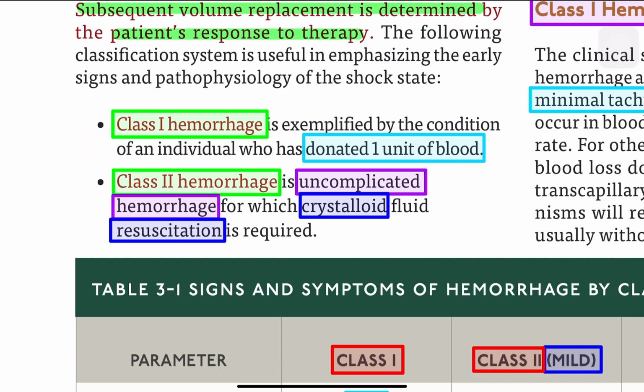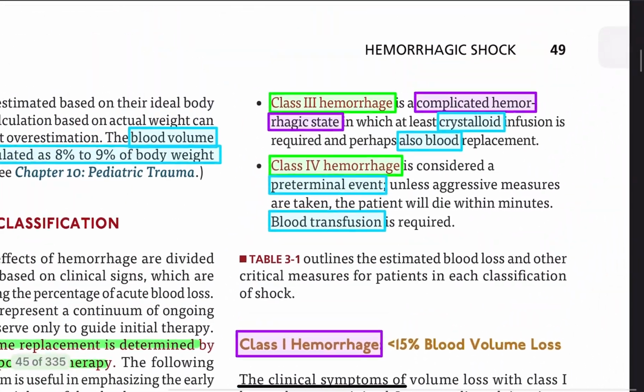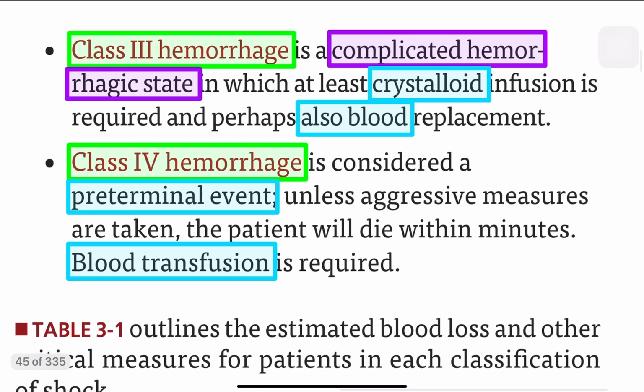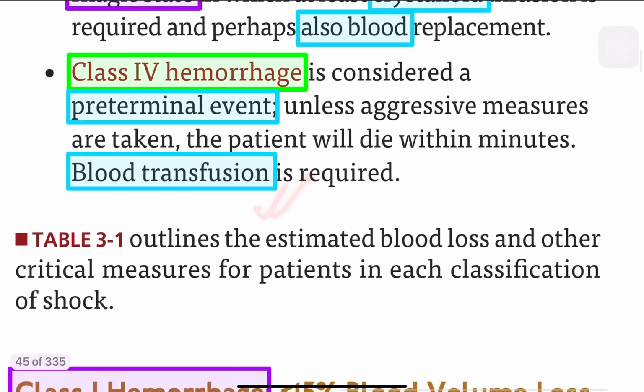Class 2 hemorrhage is uncomplicated hemorrhage, managed with crystalloid only. Then class 3 hemorrhage is complicated hemorrhagic shock, managed by crystalloid or blood also. Now class 4 hemorrhage is a pre-terminal event, and it needs blood transfusion.